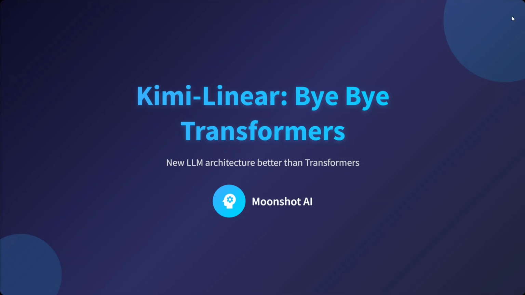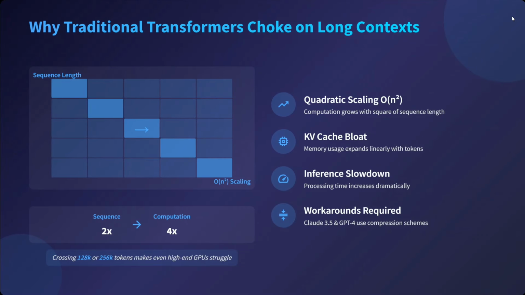So let's get started. First of all, let's understand why traditional transformers choke on long context. I think it has been a long hanging problem. If your context increases, the computation goes exponentially high. Quadratic scaling. Computation grows at square of sequence length. KV cache bloat happens.